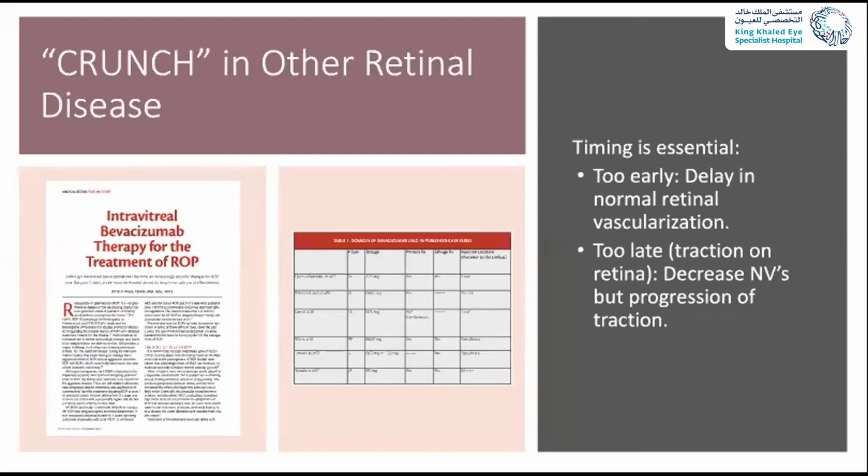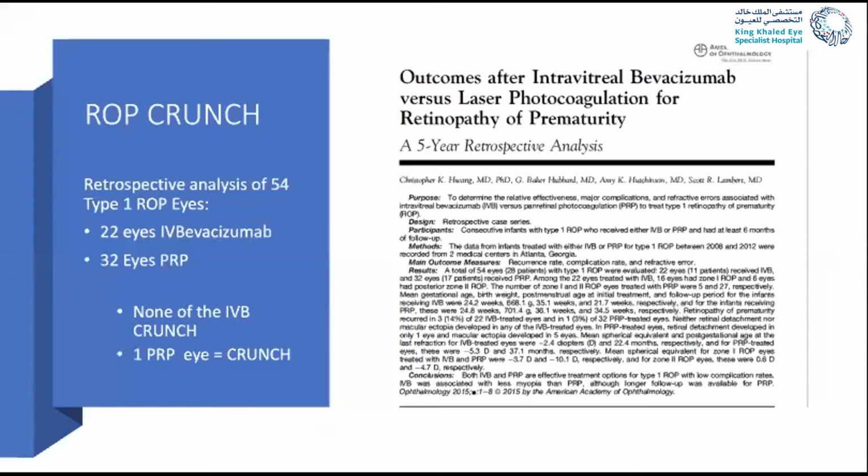And the main conclusion that they came to was that timing is essential. If we inject anti-VEGF too early in ROP, we're going to cause a delay in normal retinal vascularization. But if it was used too late and there was already traction present on the retina, these cases could progress into a TRD. This was studied in more detail in a 5-year retrospective analysis of ROP treated eyes.